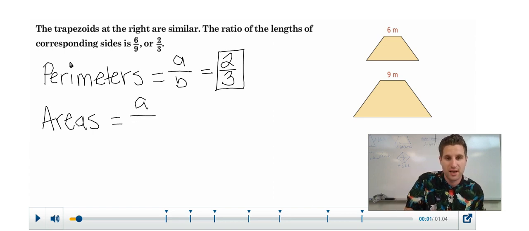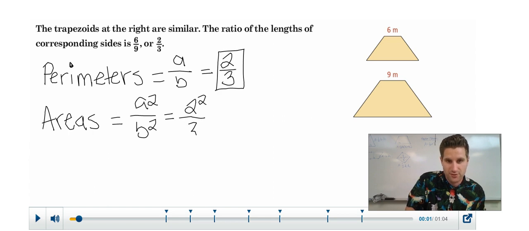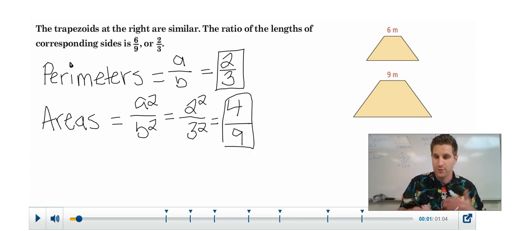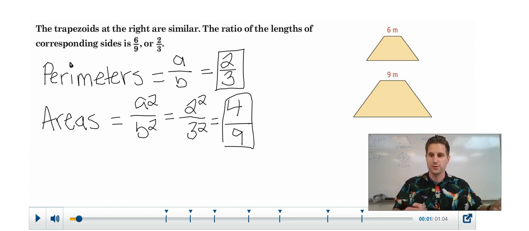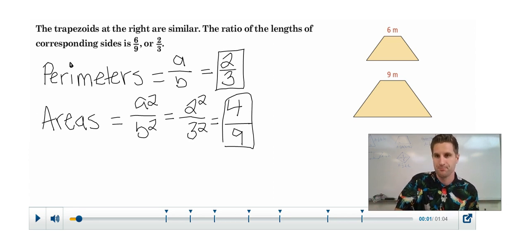So this is going to be A squared to B squared, which means we're going to have 2 squared and 3 squared, which means we're going to have 4 over 9. So again, we're going to go back and forth between areas, perimeters, and side lengths, and we're going to use the appropriate way to associate their approximate ratios.